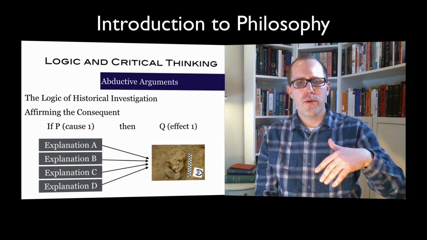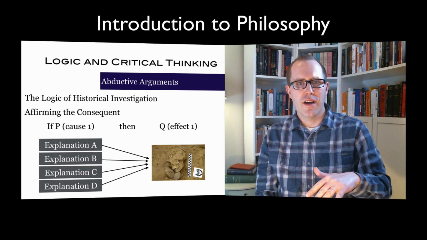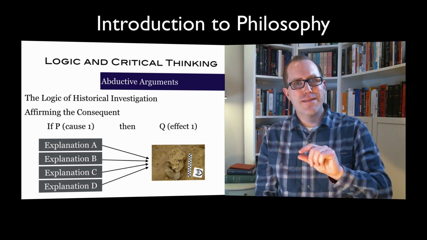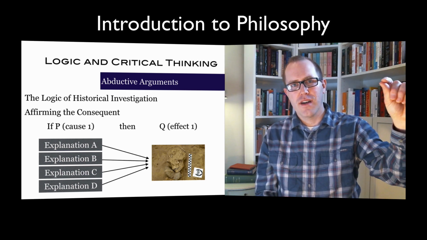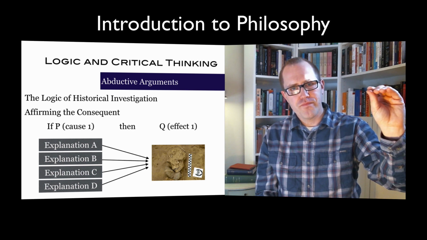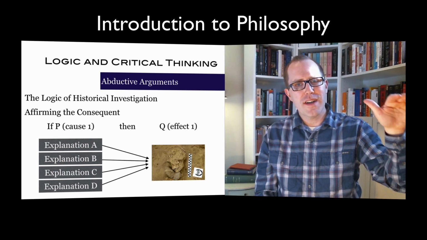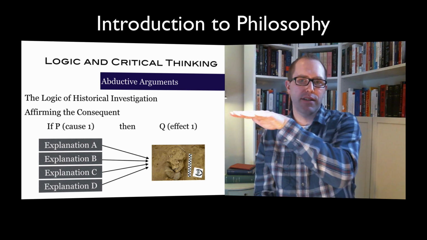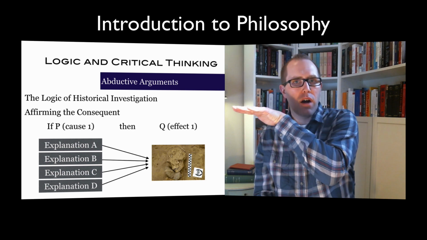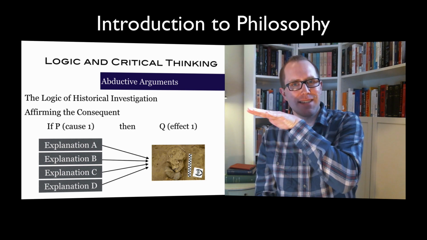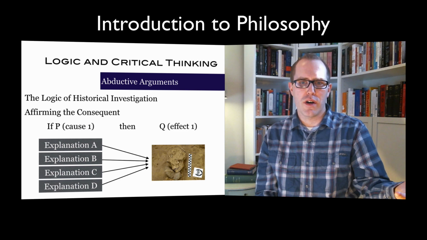As we're going through a number of possible explanations, I should also note that an explanation is different than a cause. What we're affirming, again, is that there was some cause that led to the effect. Our explanation is an attempt to figure out what that cause was.